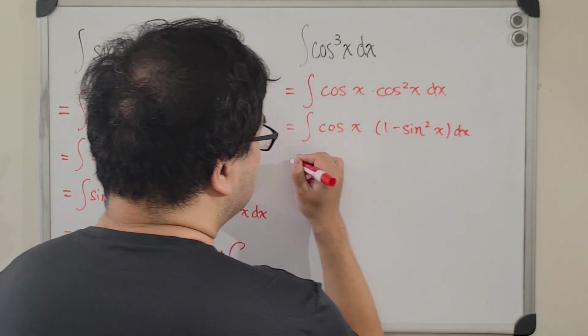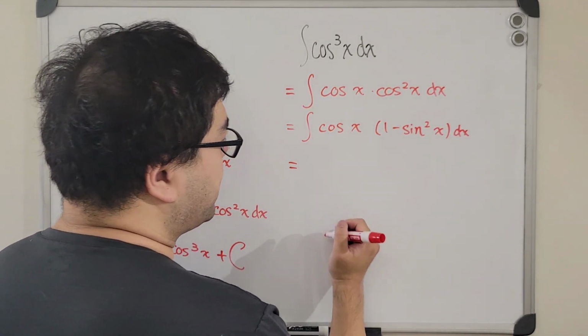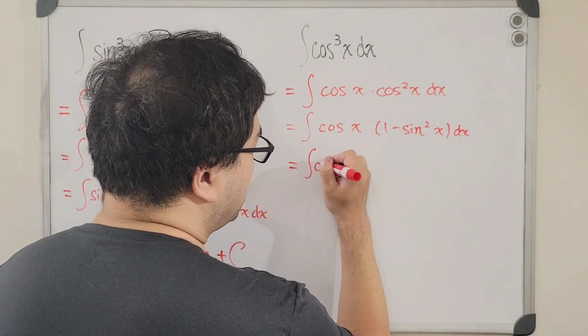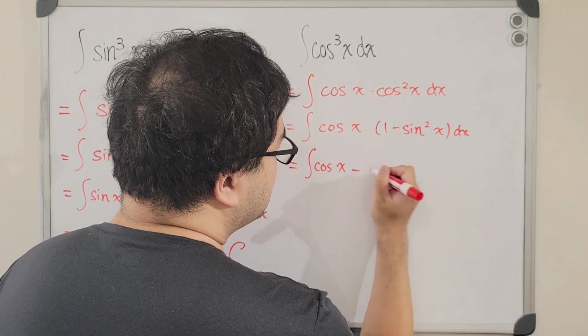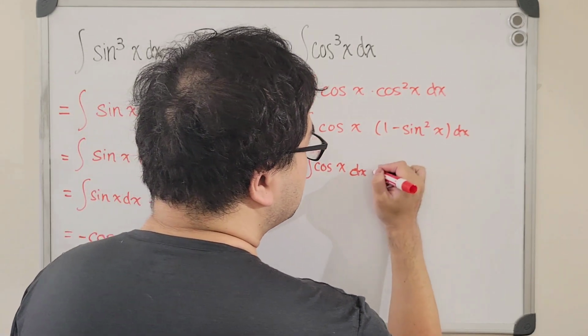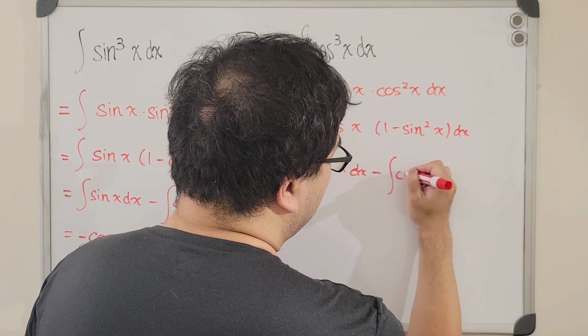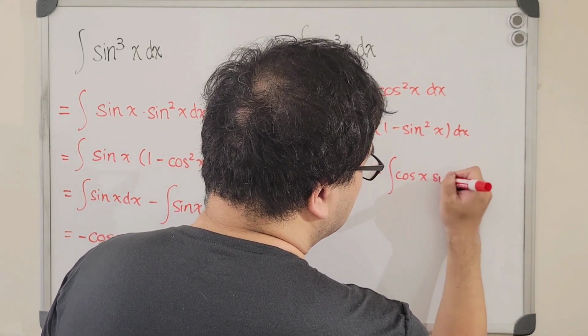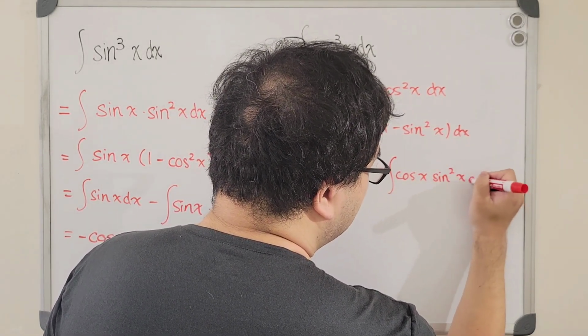Distributing the cosine of x into each term inside the parentheses, we will get the integral of cosine of x dx minus the integral of cosine of x times sine square of x dx.